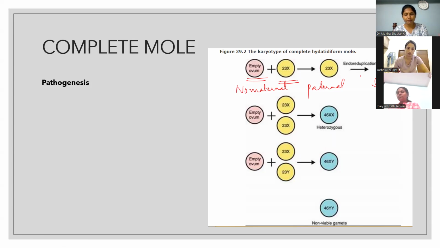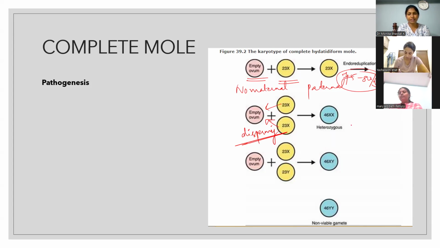So when there is no maternal component, it is only the paternal component. This endoduplication happens in 75 to 80% of cases. And sometimes an empty ovum plus two sperms, that is called dispermy. When two sperms are fertilizing this ovum, it is causing 46XX.